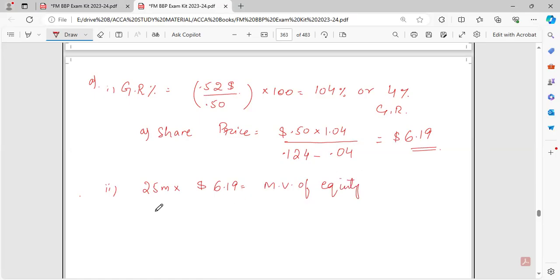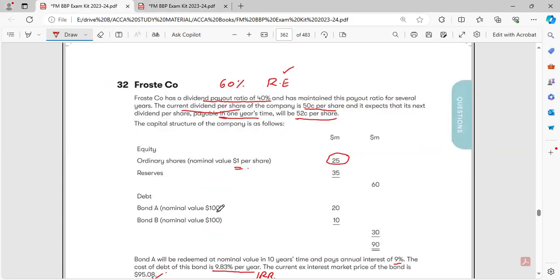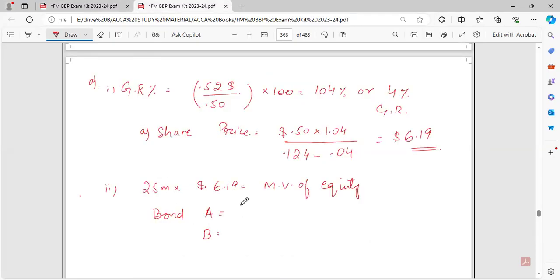There are two debts. One is bond A, second one is B. And for bond A, par value is 100, and this one is 20 million total value, and second one is 10 million.